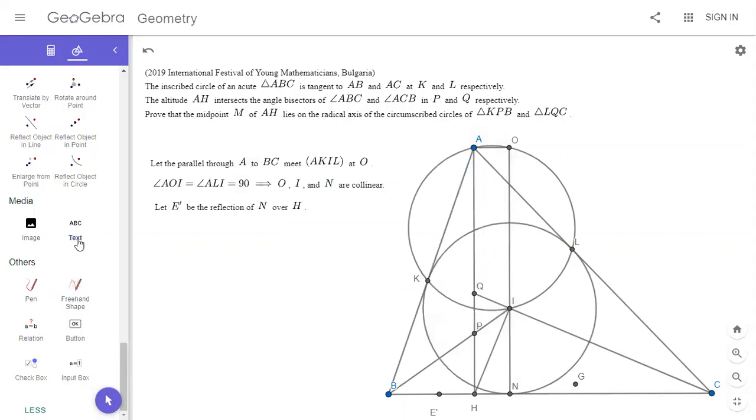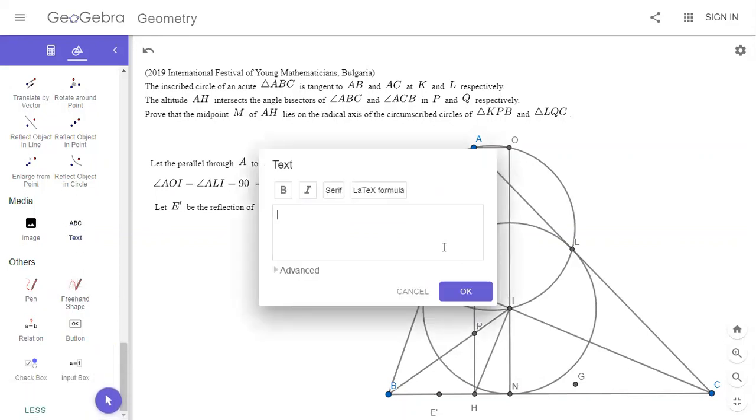Then we have angle PE prime N is equal to angle PNE prime, which is equal to angle PKB, which means that PE prime BK is cyclic. All right.